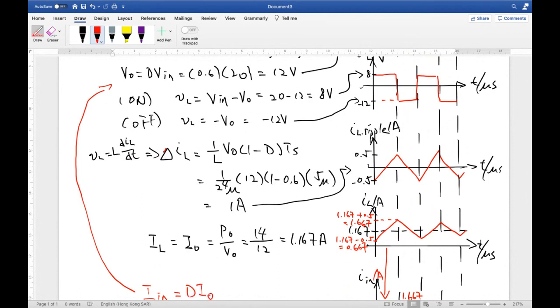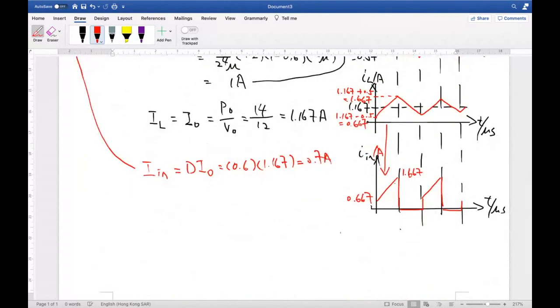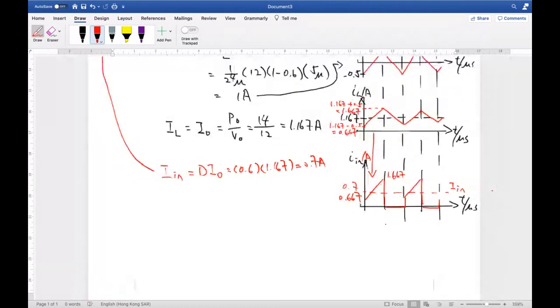It is because P is equal to VI, and then again substitute the parameters. This will be equal to 0.7 ampere. Okay, so 0.7 ampere should be somewhere here, 0.7, and then there's the label capital I in. Okay, so that is the solution.